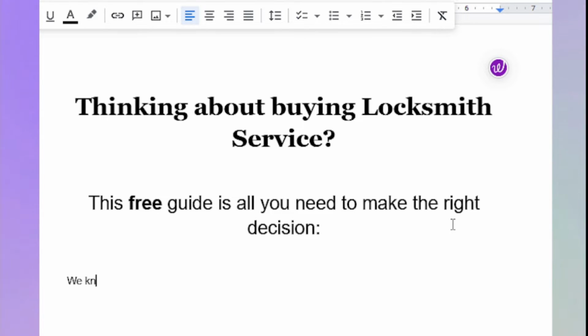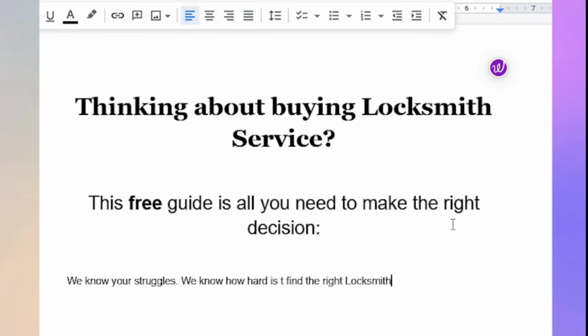We know your struggles. We know how hard it is to find the right locksmith who will. Now it's time for some bullet points.